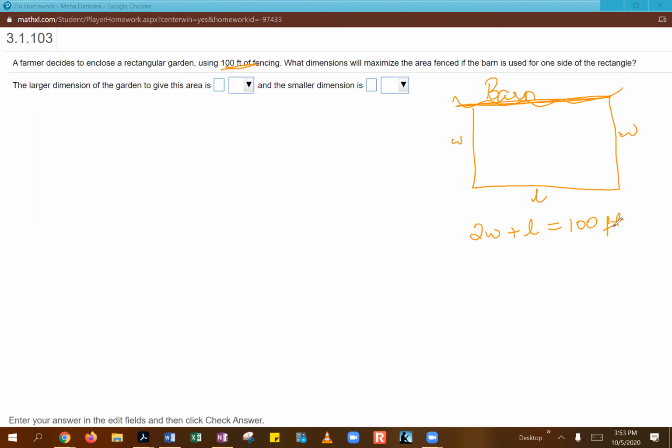So to get the length by itself, we're going to subtract this 2W on both sides and move it to the right-hand side. So we'll move this over here. You should end up getting L equals 100 minus 2W.